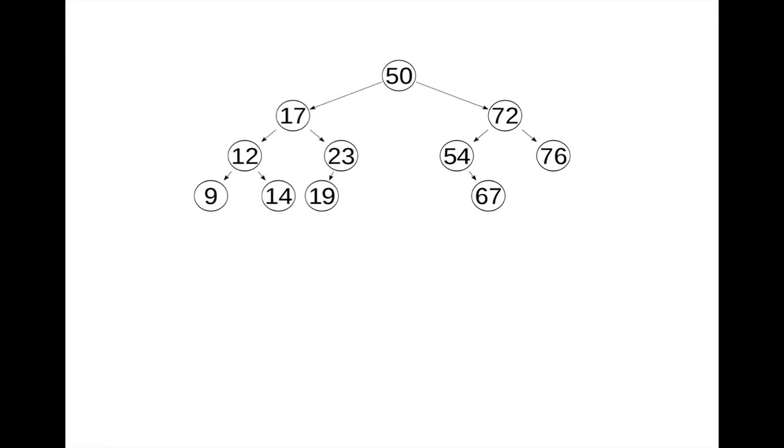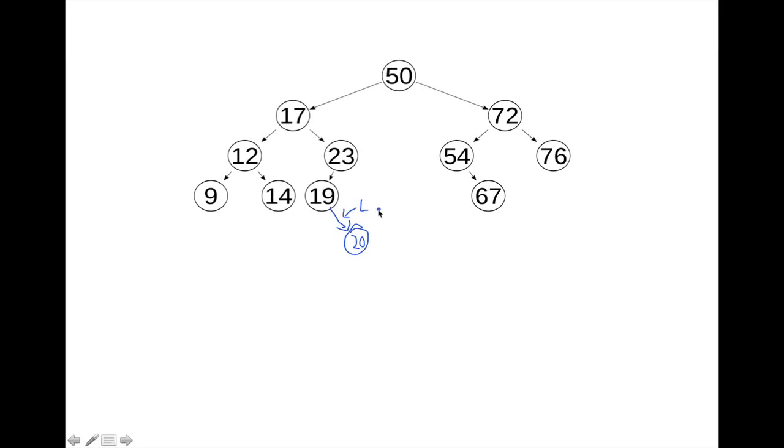Here is a slightly harder case where we need 2 rotations. Suppose we're adding the node 20, and now we need 1 left rotation first to get the 20 up.